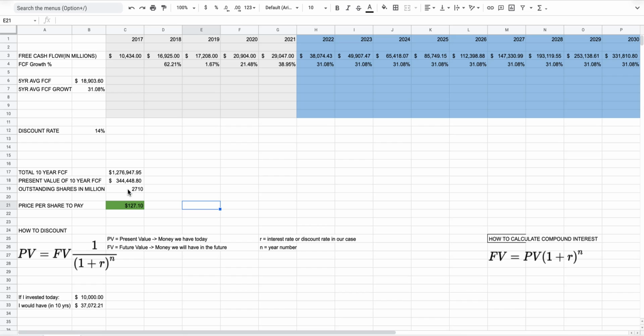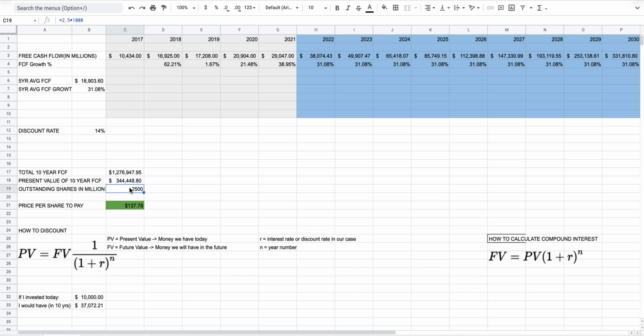And of course, the other thing that matters when we are doing these calculations is Alibaba's outstanding shares, because that's the free cash flow per share really that you are making in all these years. So if Alibaba actually buys back shares, which they have announced that they will, you may at some point see Alibaba having 2.5 in terms of outstanding shares over here. And that again affects the price per share.